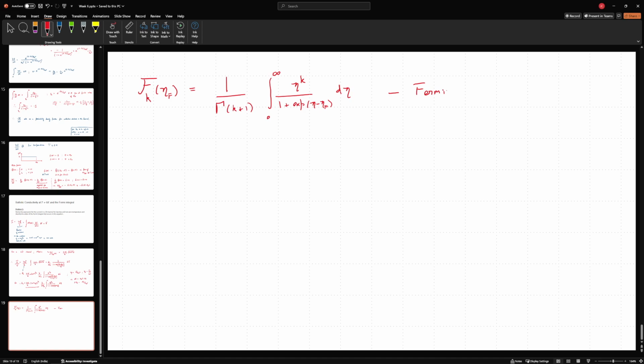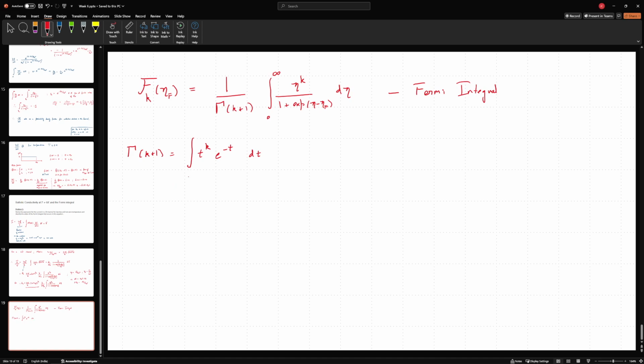Gamma is the gamma function over there. It is the generalization of factorials. So the gamma function is given by this integral: gamma of k plus 1 is given by the integral from 0 to infinity of t to the power k e to the power minus t dt.